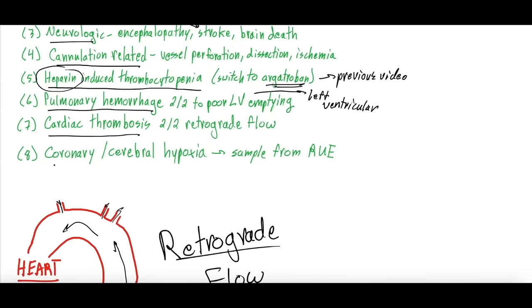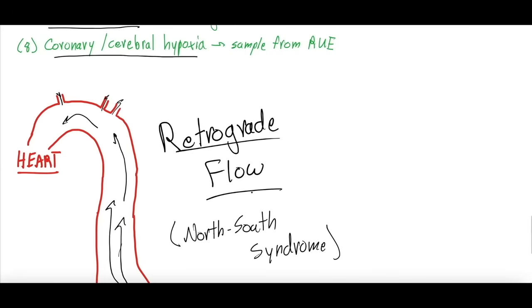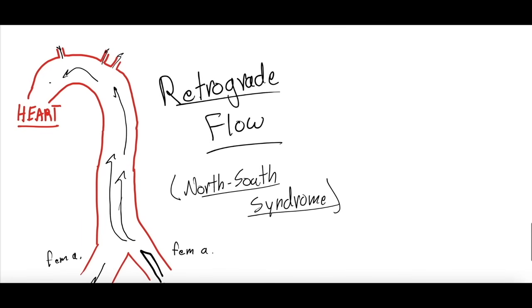And then you can also get coronary and cerebral hypoxia. This is an idea that is commonly called north-south syndrome, and we can use this drawing. So the heart here, with its native function, is pumping blood this way, whereas the ECMO circuit is pumping blood retrograde back up to the aorta.